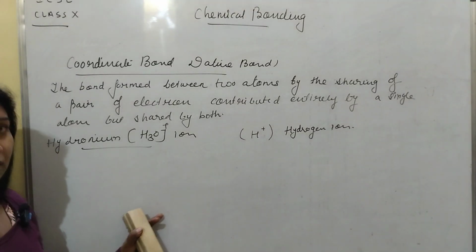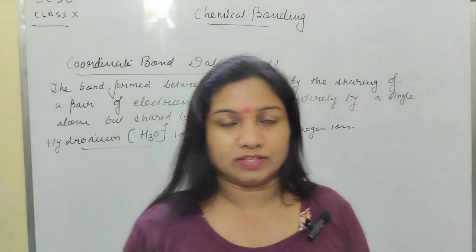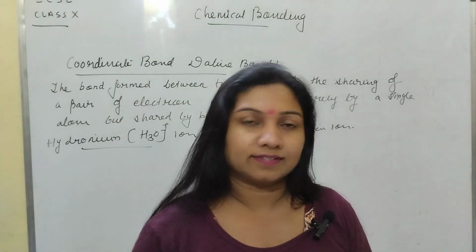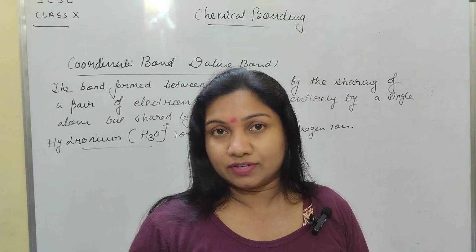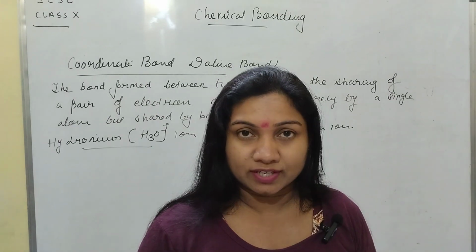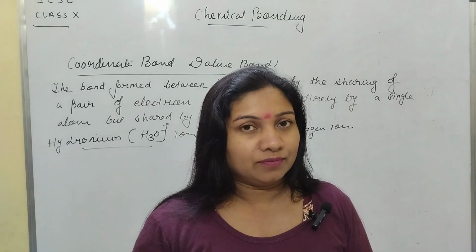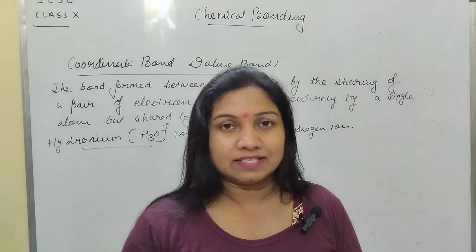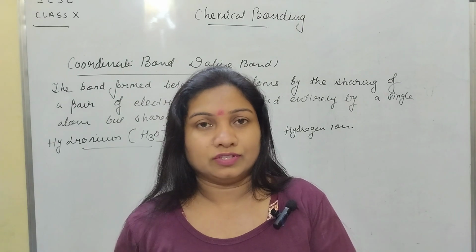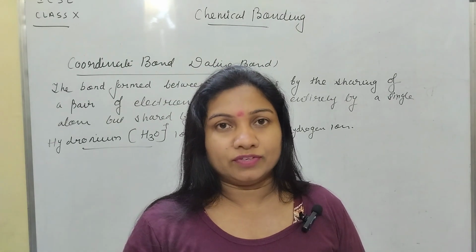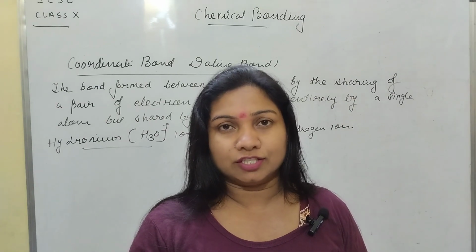See what happens when an acid is added to water. Acids, you know: HCl is hydrochloric acid, HNO3 is nitric acid, H2SO4 is sulfuric acid. Every time we do the dilution, acid is added to water instead of water being added to acid. We always add acid little by little to water.